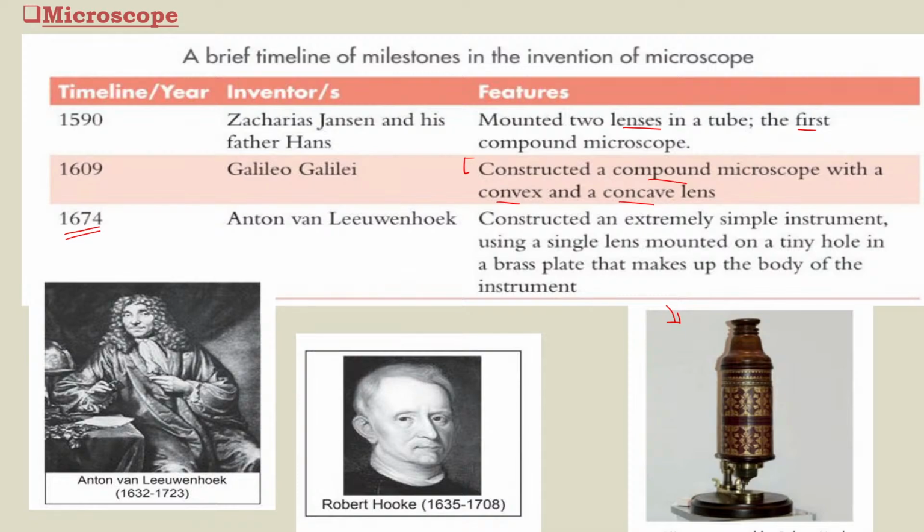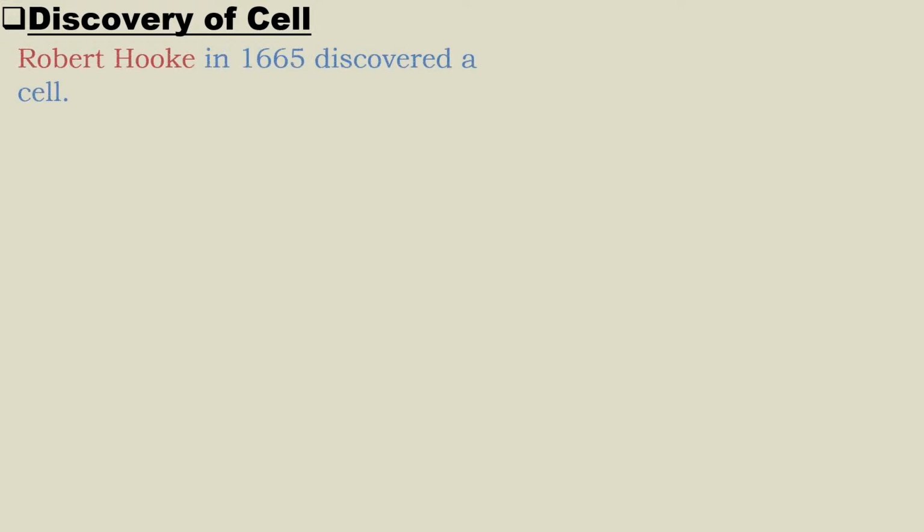The credit goes to Anton van Leeuwenhoek for the discovery of the microscope. And this one is that scientist, Anton van Leeuwenhoek. With that discovery of the microscope, we were able to see the microscopic world, tiny organisms, and including the cell, which led to the discovery of the cell.